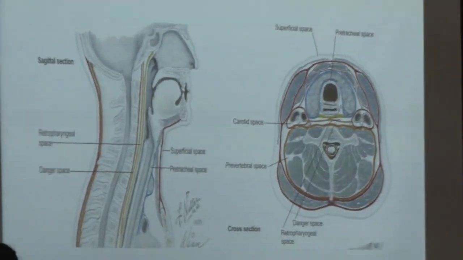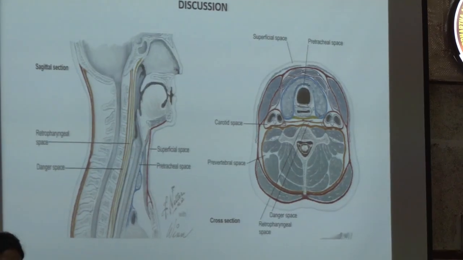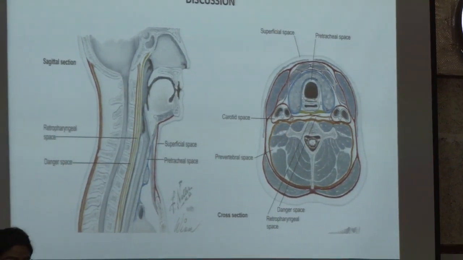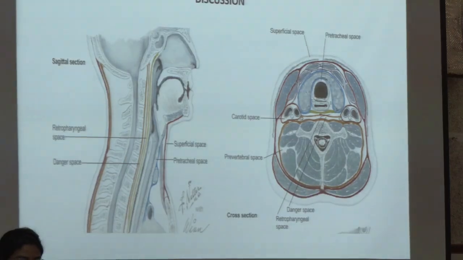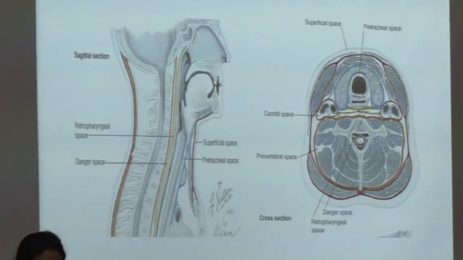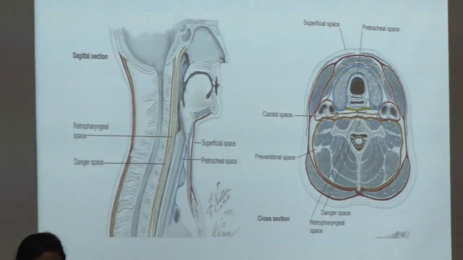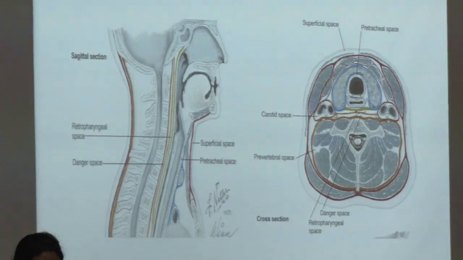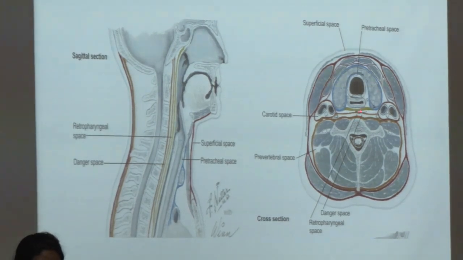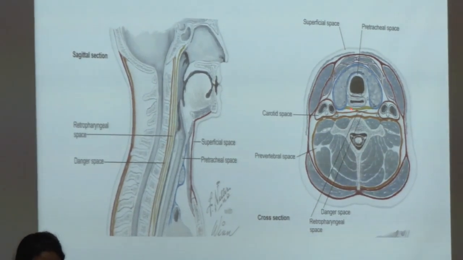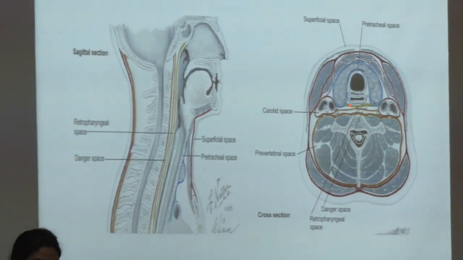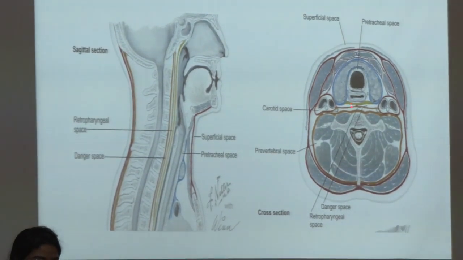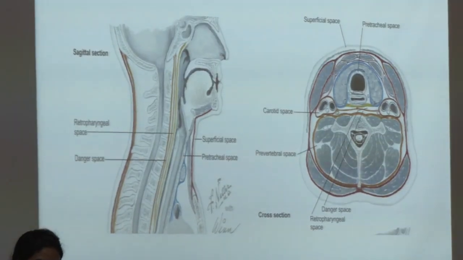The neck is divided into several compartments, consisting of the superficial fascia and the superficial layer of deep cervical fascia, which includes the sternocleidomastoid and the trapezius, and the middle layer of the deep cervical fascia, that is the pretracheal fascia, which encloses the esophagus and trachea. Behind it we have the buccopharyngeal fascia, and in between the buccopharyngeal fascia and the alar fascia we have the retropharyngeal space, which extends from the base of the skull to the mediastinum.